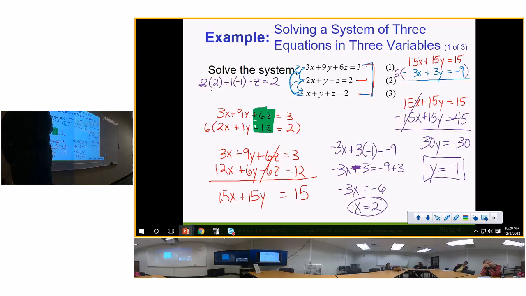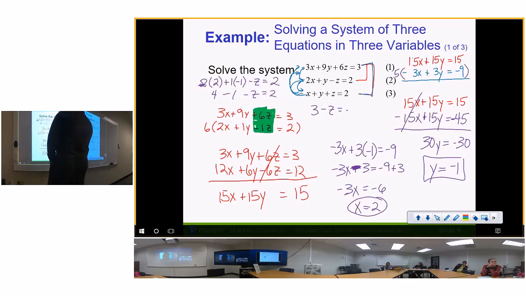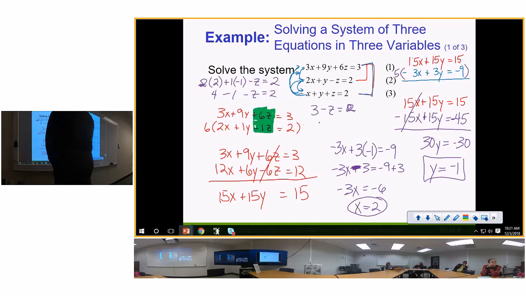And what's 2 times 2? 4. Minus 1 minus z is equal to 2. What's 4 minus 1? 3. 3 minus z is equal to 2. Minus 3, negative z is equal to negative 1. Z is equal to what?